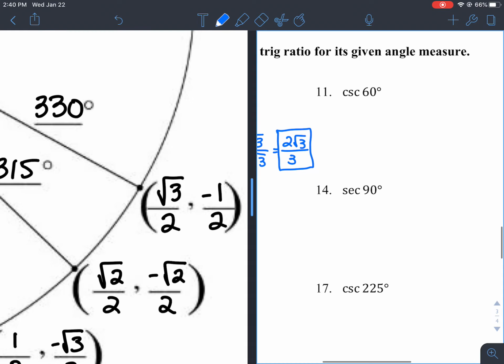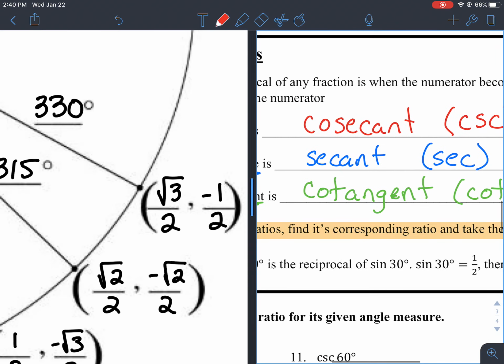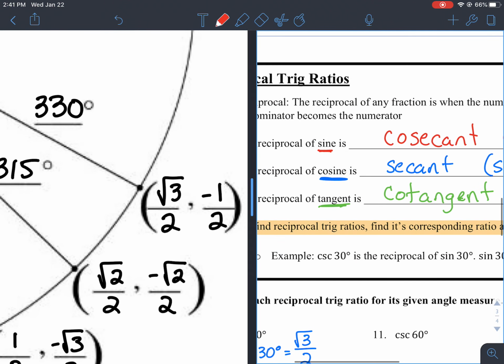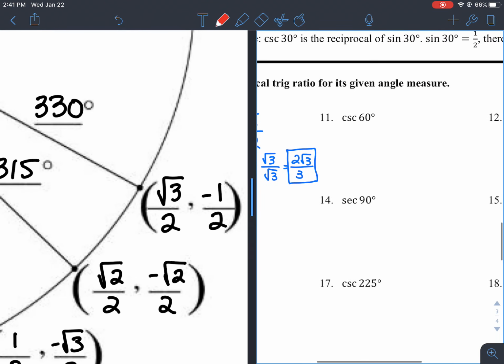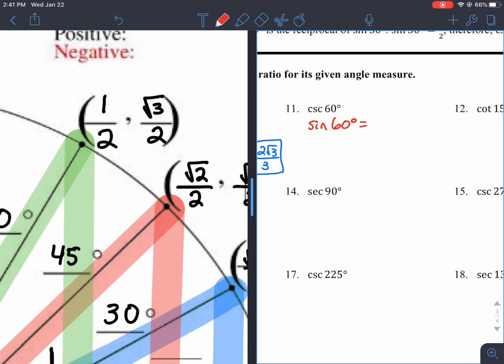Okay. Let's try a second one. For the cosecant of 60 degrees, again, the first thing we do is we determine which one cosecant goes with. And I can see that cosecant goes along with sine. So first thing we're going to do is find the sine of 60 degrees. Remember from before, sine is the y value.